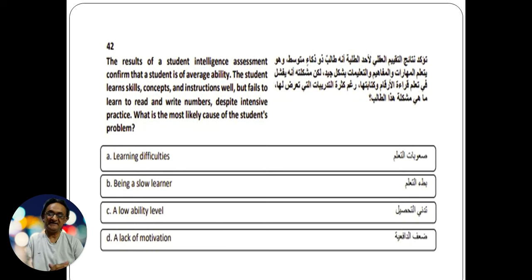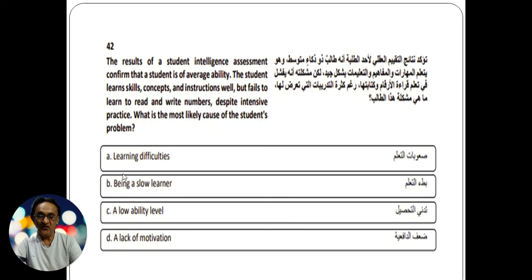Now the question itself is giving you the answer. That means the child has a learning difficulty, right? This is very clear, so you have to be very careful. Despite intensive practice, what is the most likely cause of the student's problem?